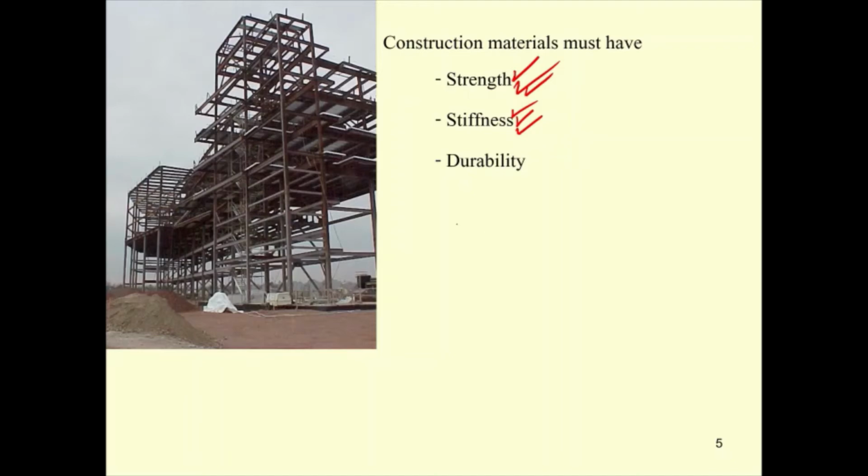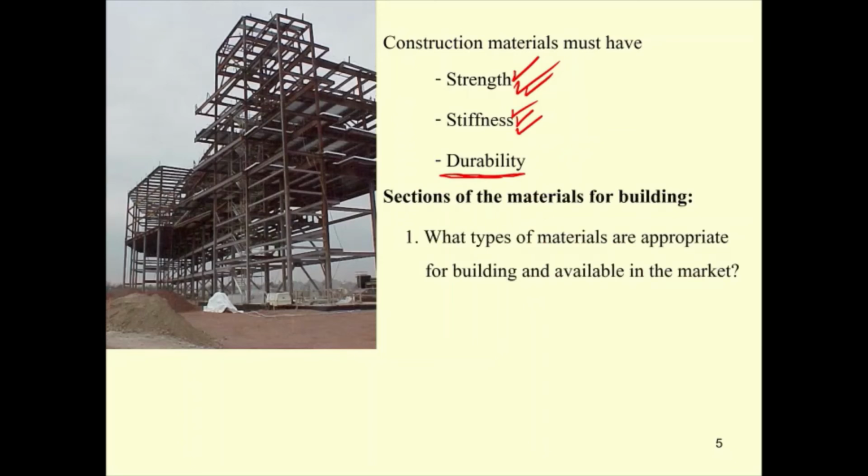And the last one, the structure is supposed to be long lasting, very durable under the weathering from the rain, under the action of the wind. Okay, that is very important for you to consider in the material. So what kind of question should you ask when you are selecting the proper material?